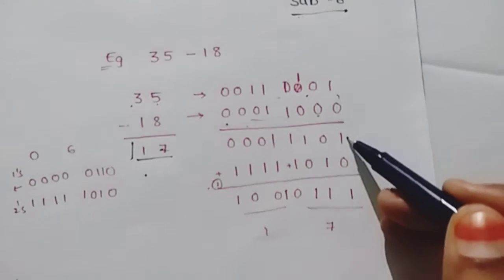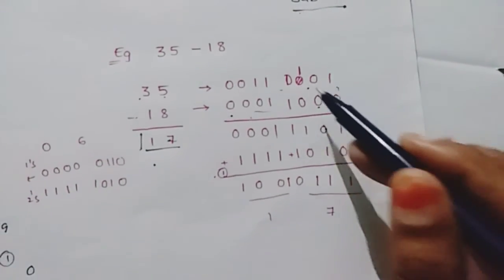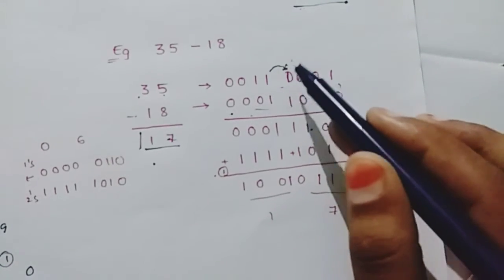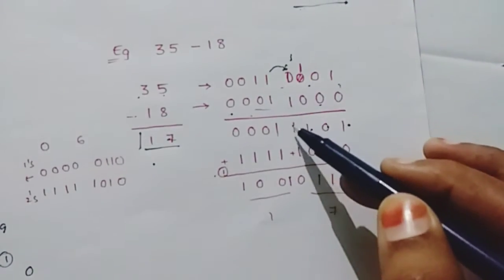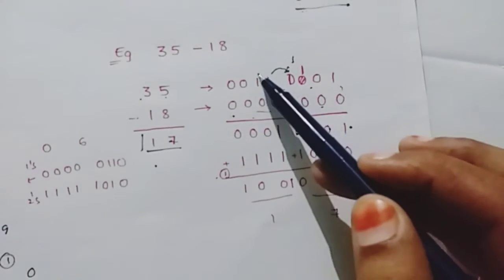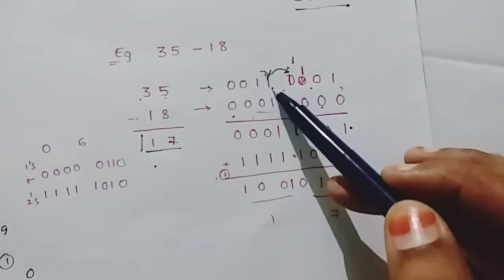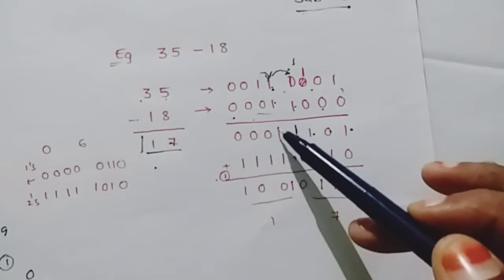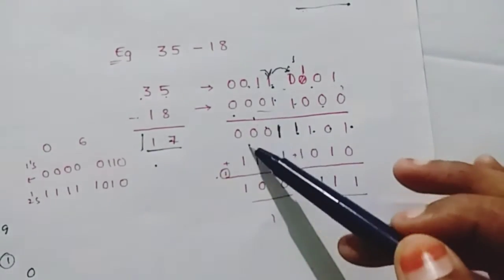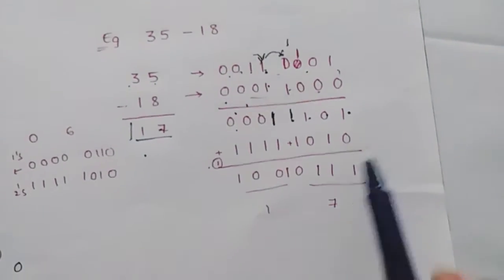Here we have a carry 1, so 1 1 as 2, we subtract 1 and take the carry here, so 2 minus 1 1 we will get 0 0 0 0.